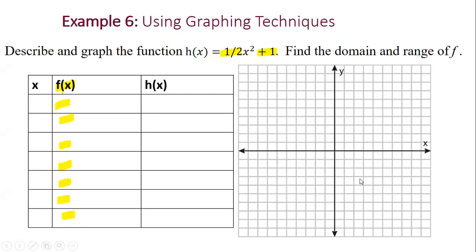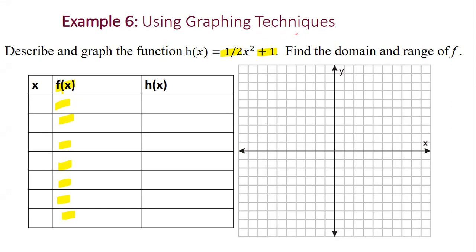Okay. So next here, it says describe the graph of the function h of x equals 1/2 x squared plus 1. So first thing you want to think about is, what is your parent function? If I'm 1/2 x squared plus 1, my parent function has to be the quadratic. Does that make sense?